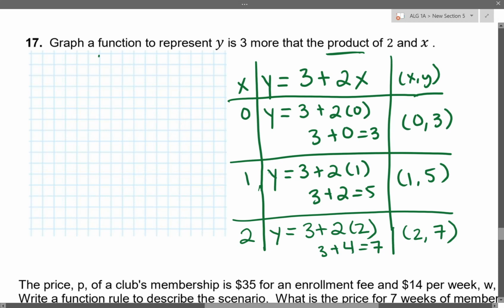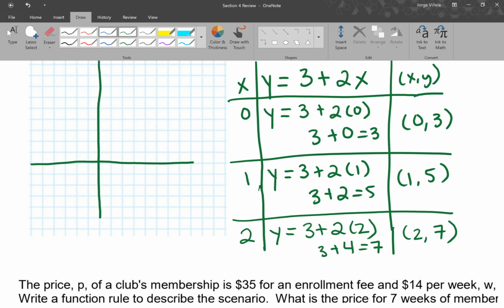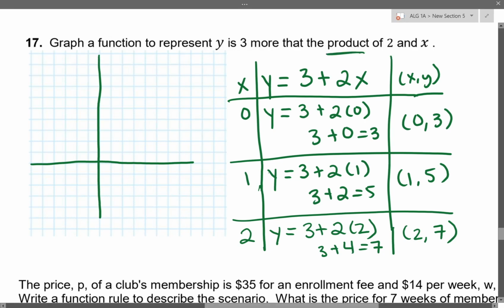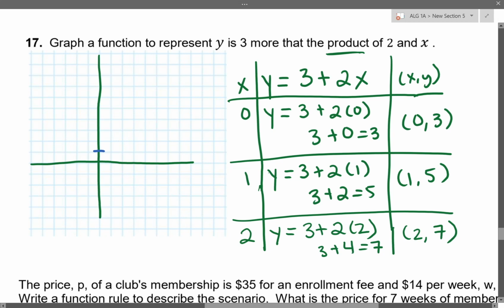So let's go ahead and create another table or graph. Okay, let's label these. The reason this video is a little bit longer is because we're graphing. We're on the computer, you'll already have a graph that you just draw a line on. Okay, so I have 1, 2, 3, 4, 5, 6, 7, 8.